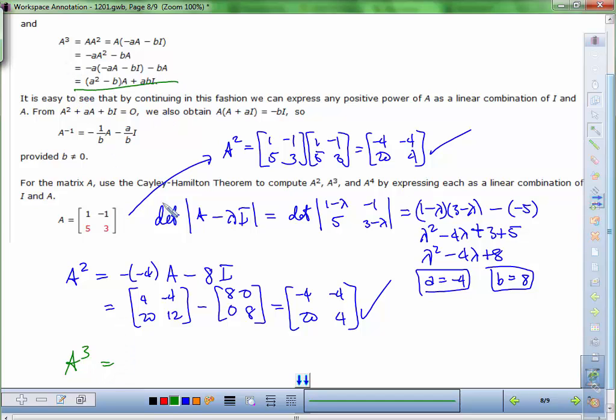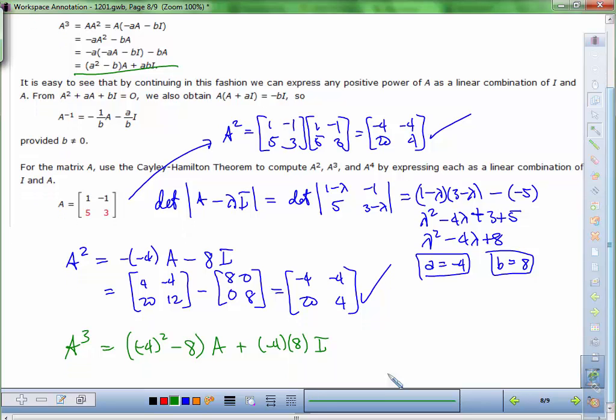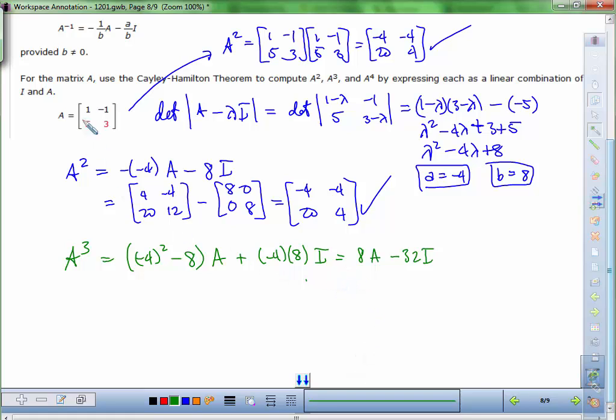according to this formula over here, we have (a squared minus b), that's 16 minus 8, which is positive 8, times A, plus a times b times the identity matrix, which is negative 32 I. So this would be 8 times A: 8, -8, 40, and 24.